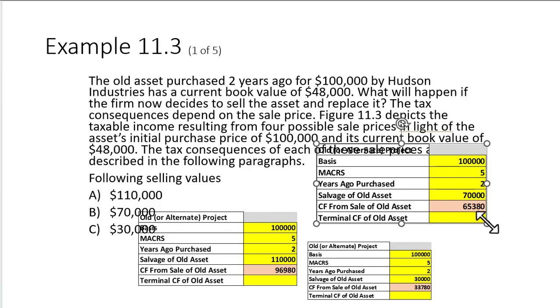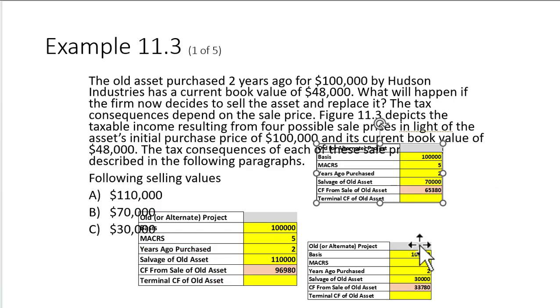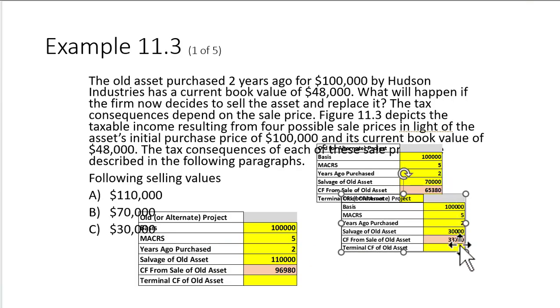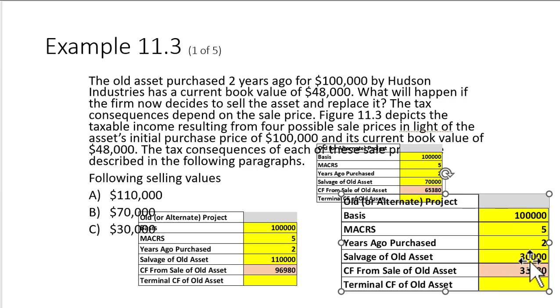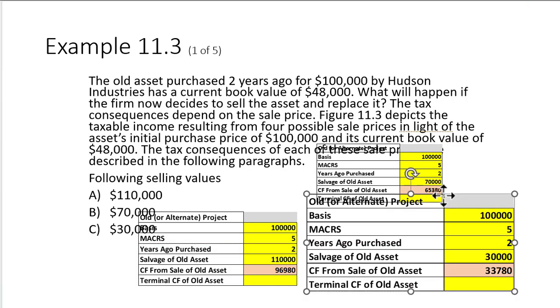Now, one of the things that is just a little peculiar is what happens if you sell it for a loss. If you sell it for $30,000, that's less than the $48,000, which means you actually have a loss. So you're paid $30,000, but you'll get to reduce your taxes by the tax effect.